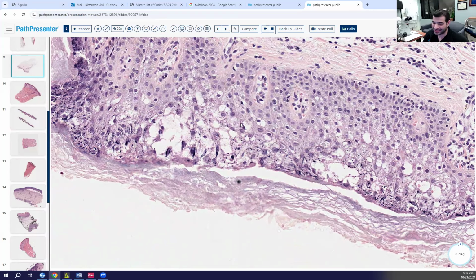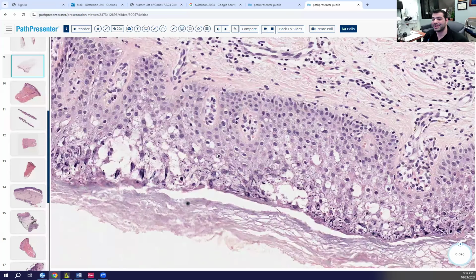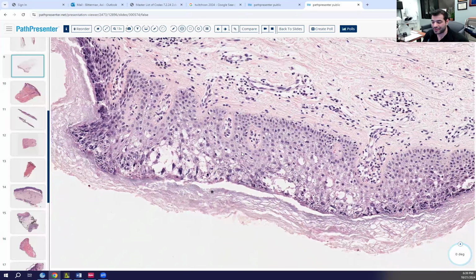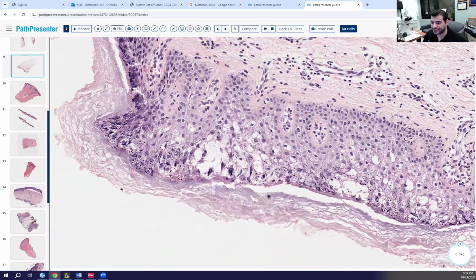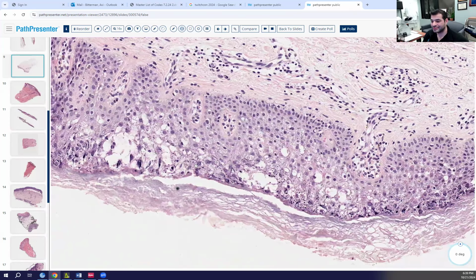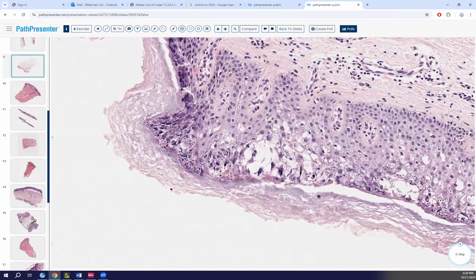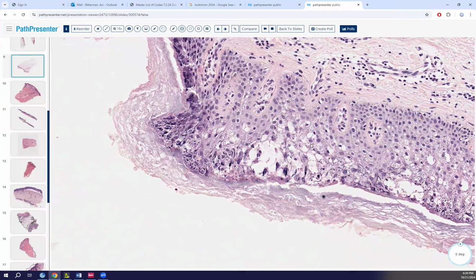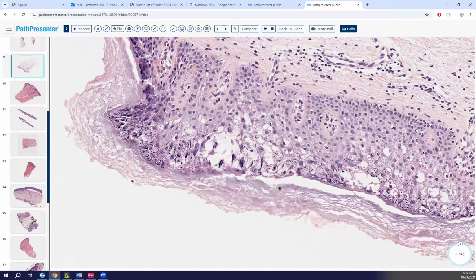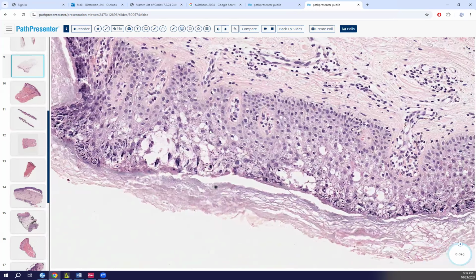Yes. So if this is a baby with a collodion membrane, what are we going to be worried about? Is it just epidermolytic ichthyosis? That was like restrictive dermopathy resulting in respiratory distress.